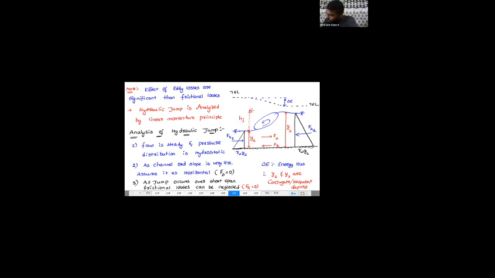And from here, this length is known as Lj. So what is this Hj, sir? Hj is the height of jump, which is y2 minus y1. And what is Lj, sir? Length of jump.